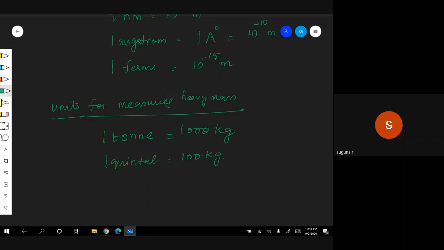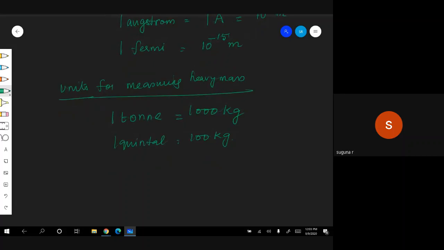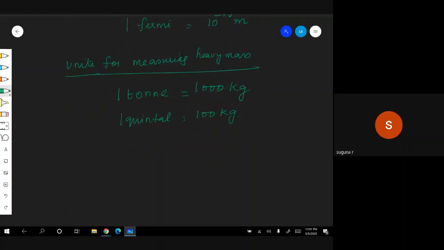Apart from that, there is one more very, very important unit. Sorry, not distances, I'm saying the practical unit of mass. The largest practical unit of mass, which is used in astronomical studies, is the Chandrasekhar limit, CSL.